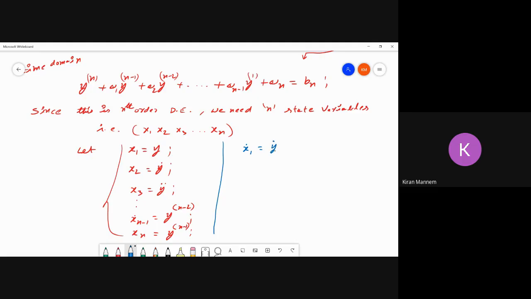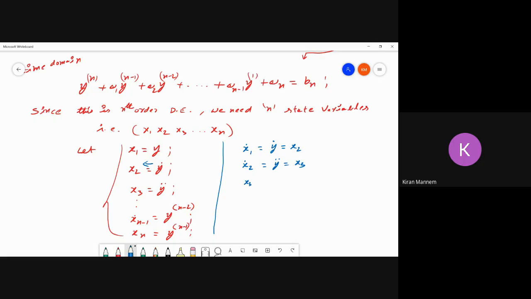Now what is y dot? y dot is x2, right? Similarly, what is x2 dot? It should be y double dot, which is x3, right?